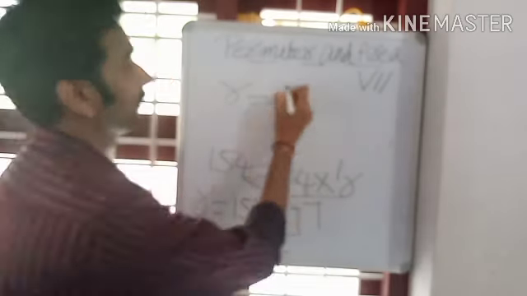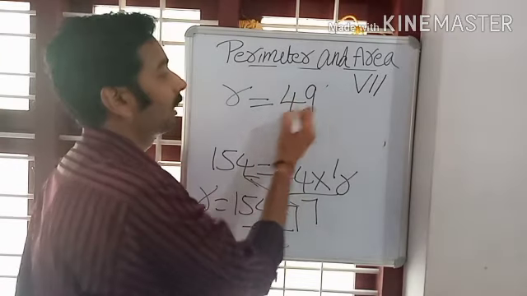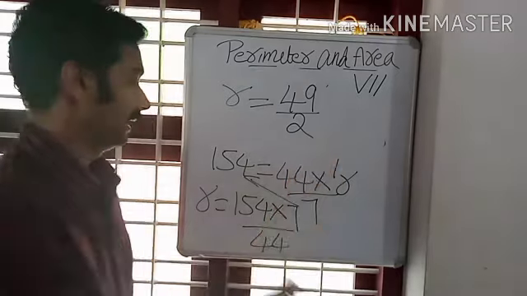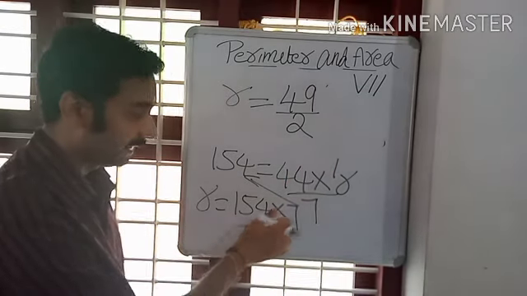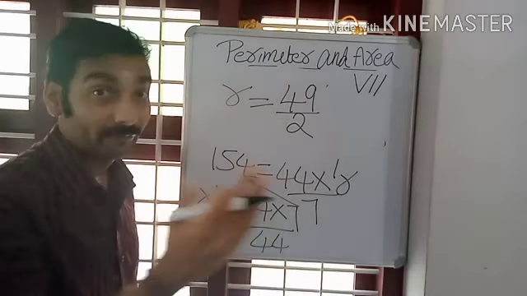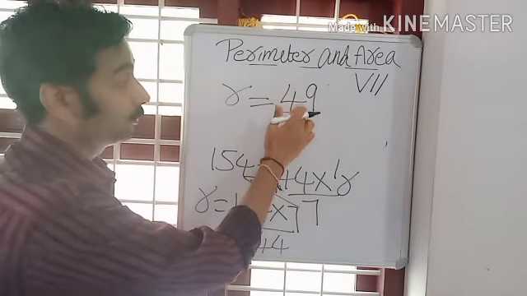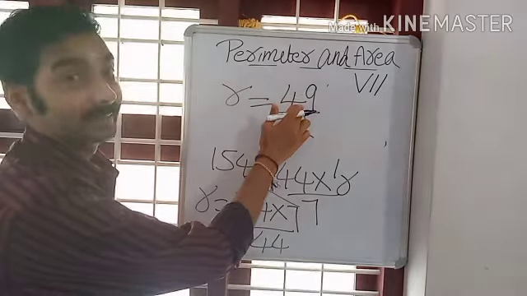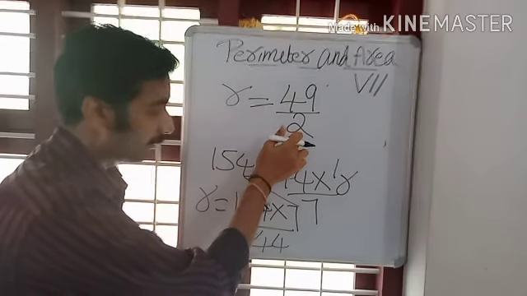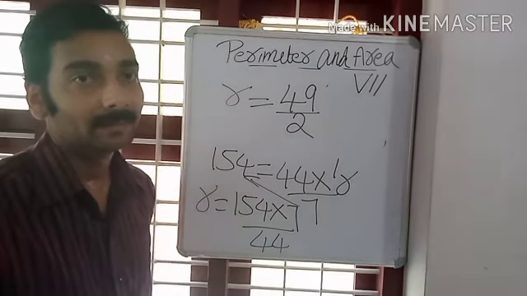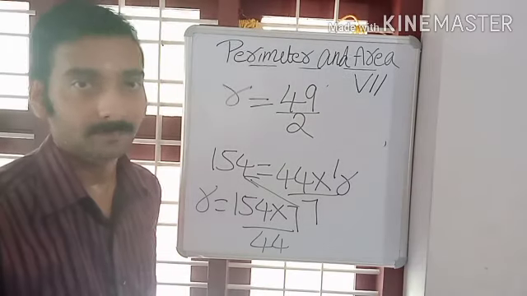That means r equals 49 upon 2. 154 into 7 divided by 44, converted into the lowest terms, gives the result 49 upon 2. It is good.